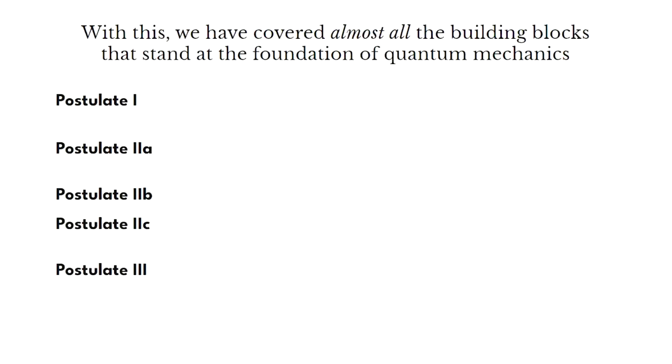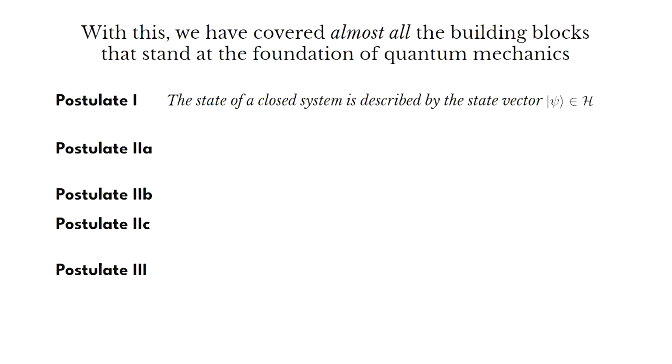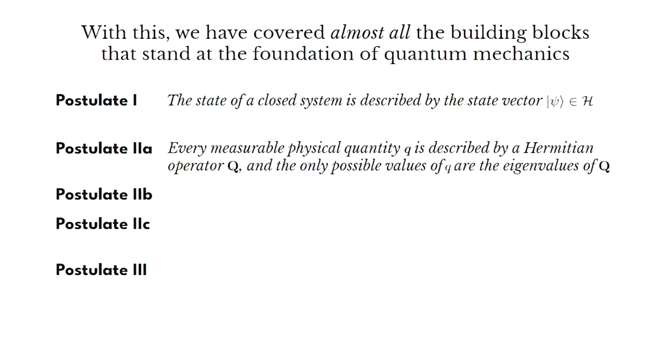So in quantum mechanics, we write all the things you have learned in a more rigorous format. This is what we call the postulates. So in the first postulate, the state of a closed system is described by state vectors. We have complex amplitudes, and every measurable physical quantity Q is described by a Hermitian operator, this matrix Q, and the possible values of Q are the eigenvalues of Q. And this, of course, must be real.